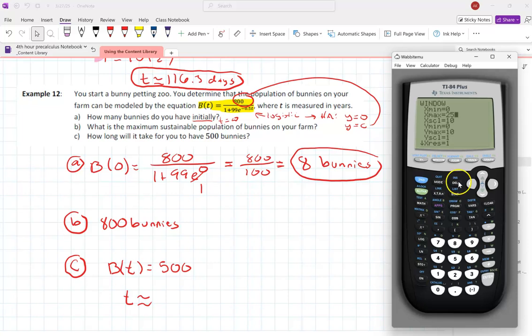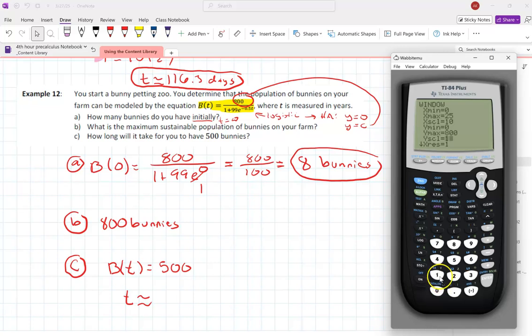Feels reasonable to me. For the y's, though, I know what they're going to be. My y min and y max are going to just be my horizontal asymptotes. So 0 and 800.